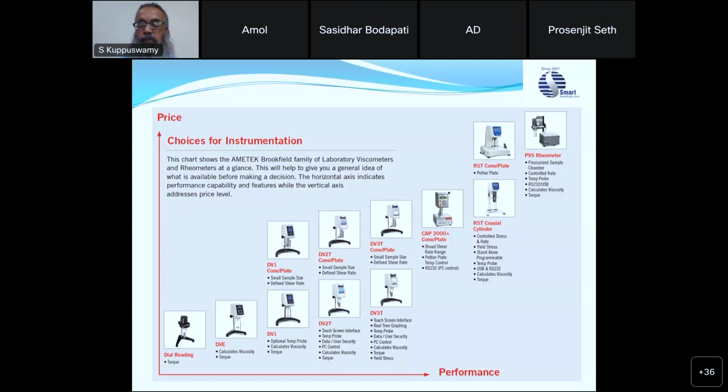These viscometers have cone and plate spindles, a spindle mechanism with a Peltier element for heating or cooling. So there is no separate water bath required to maintain the sample or standard temperature. Then you have advanced rheometers. The last two are the rheometers.